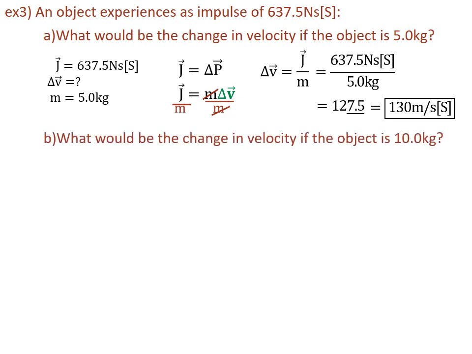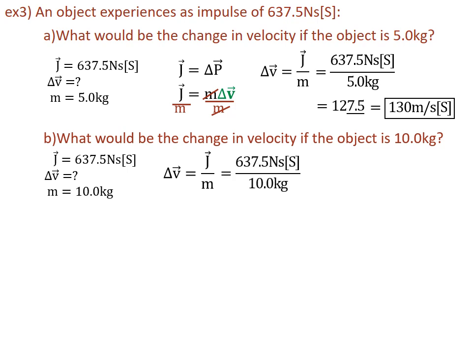Now part B. What would be the change in velocity if the object is 10.0 kilograms, so double the mass? Our impulse is 637.5 newton seconds south. We're looking for that change in velocity, and we're told the mass is now 10.0 kilograms. We've already done the formula rearrangement. We know that delta V equals impulse divided by mass.